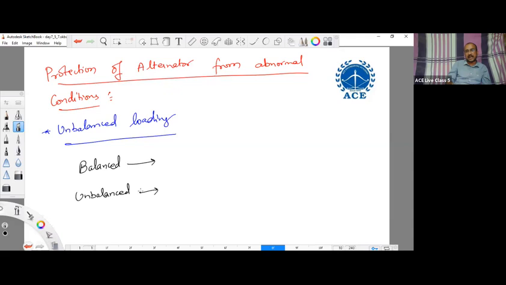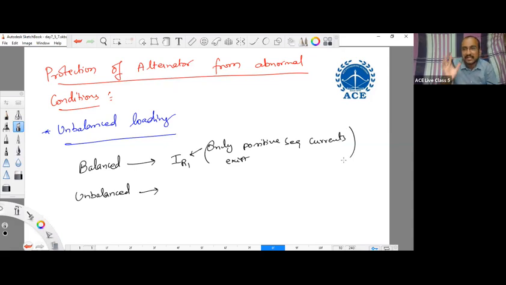Whenever the loading is balanced, there will be only positive sequence currents, that means only IR1. Only positive sequence currents exist during the balanced condition.